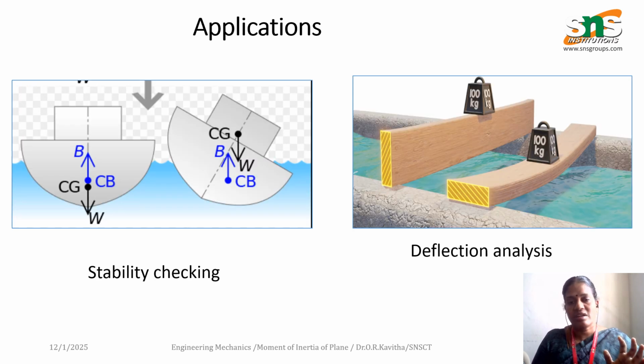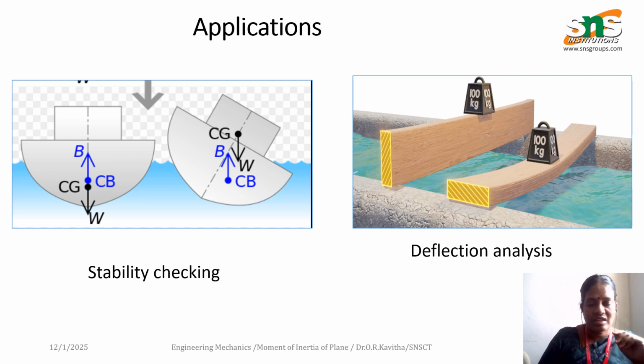The next one you can see is a boat sailing in some river or lake. Here this is the center of gravity, and this is the buoyancy. Whenever the boat is stable, the CG and the buoyancy point should be the same. That is, the weight and the buoyancy force created by the water should have the same line of action.